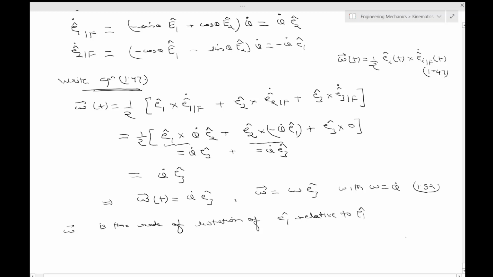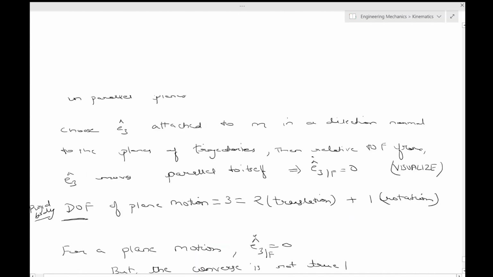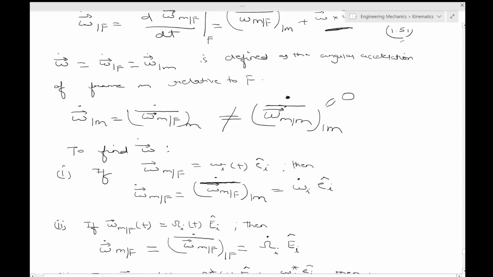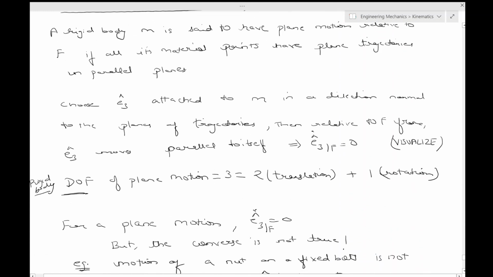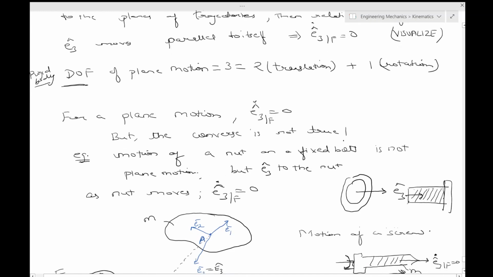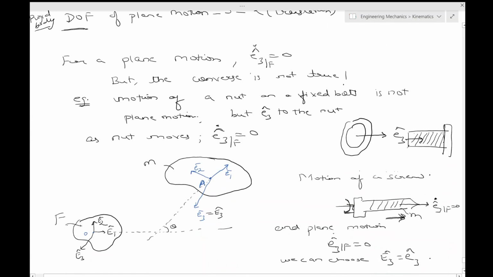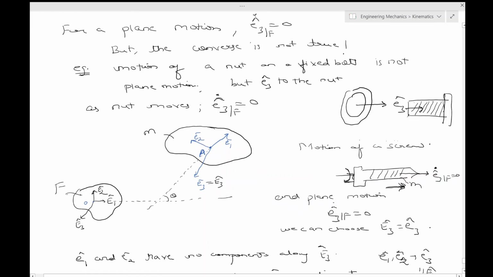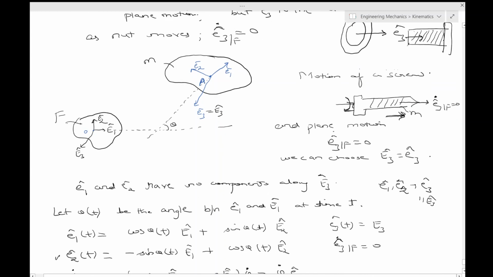Okay, how do we know? Well, please see this figure. Theta is the angle between small e1 and big E1, and hence when we say that omega is the rate of rotation, that means it's the rate of change of this angle theta. It's the rate of e1 relative to big E1. Okay, that's the first thing, there was no doubt about that.